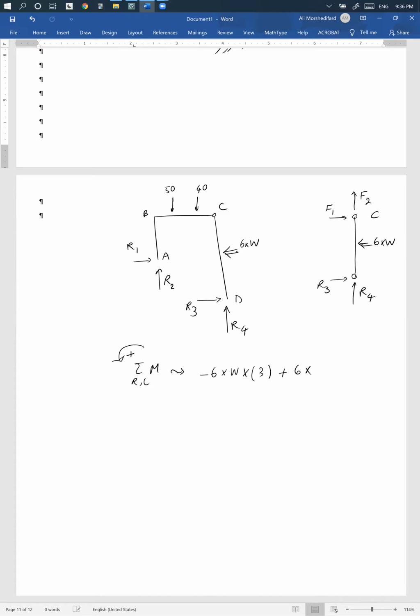Plus 6 times R3, and the rest pass through C, right? So you get R3 equals 3W, right?